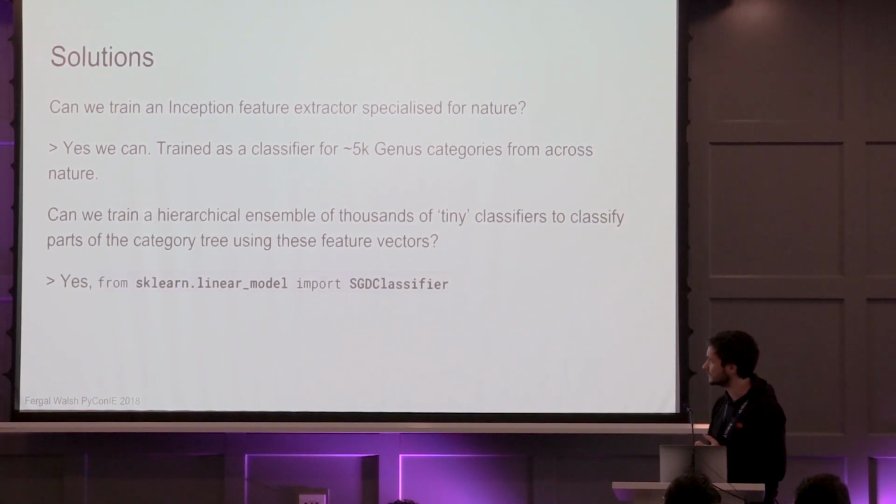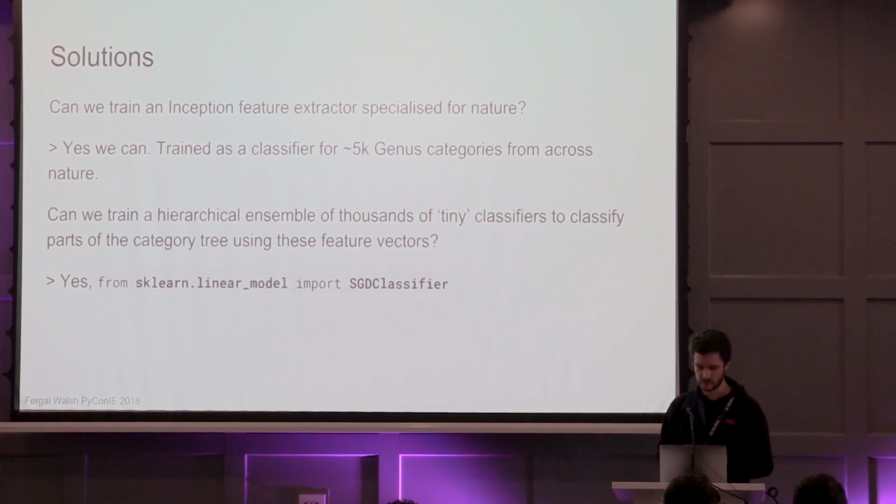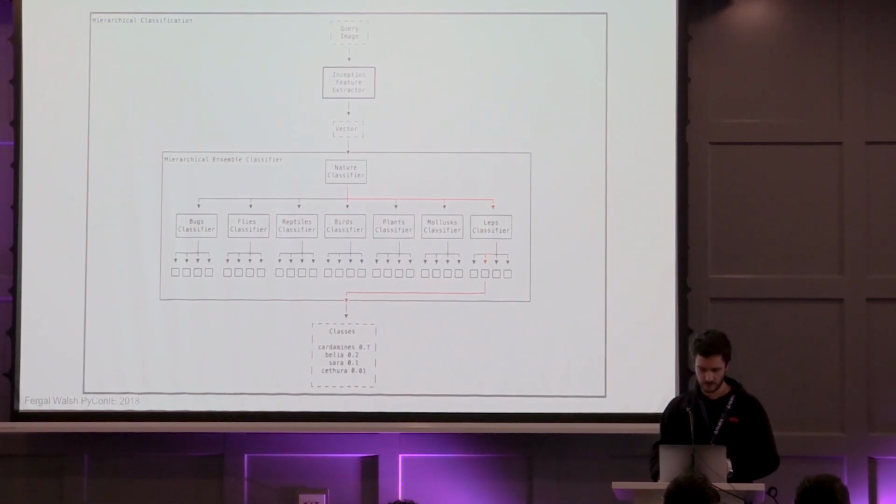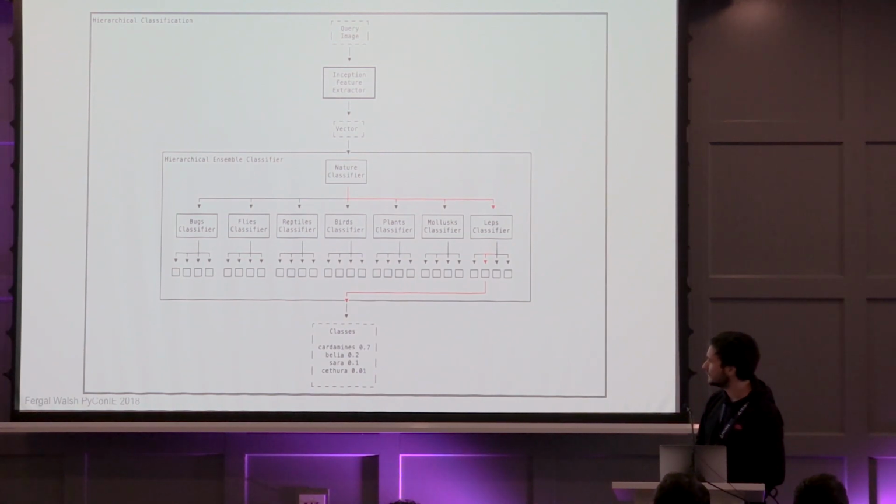A lot, I mean, about 2,500 separate classifiers to make a big hierarchical ensemble of classifiers. So here you can see the idea is that you go first through the inception feature extractor, you get a vector, and then you feed that into the nature classifier.